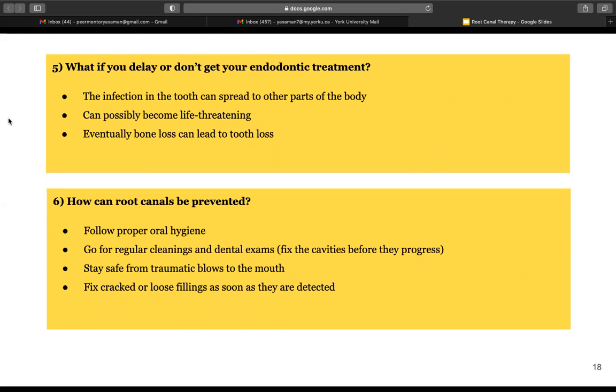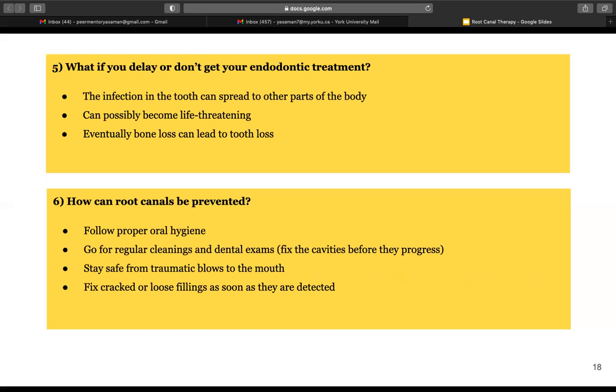Okay. So the fifth one is, what if you delay or don't get your endodontic treatment? Like we said throughout our presentation, the infection in the tooth can spread to other parts of the mouth as well. Other teeth can be affected, and it could possibly become life-threatening as well.